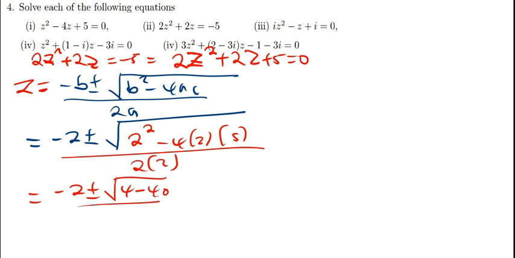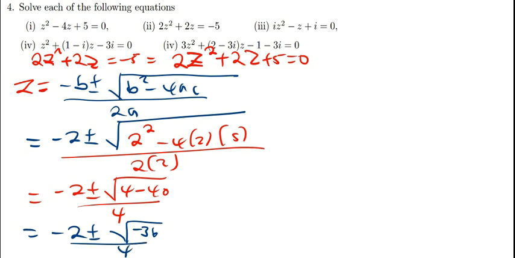You divide this by 4. The next thing we're going to do is we'll have -2 plus or minus the square root of 4 minus 40, this is -36, divided by 4.